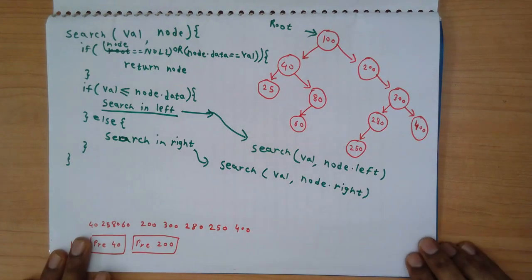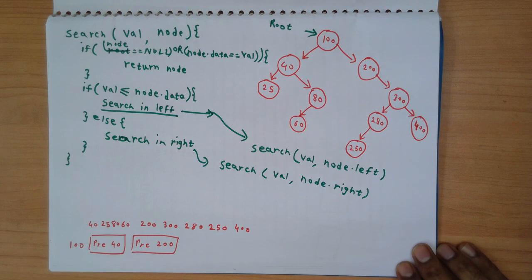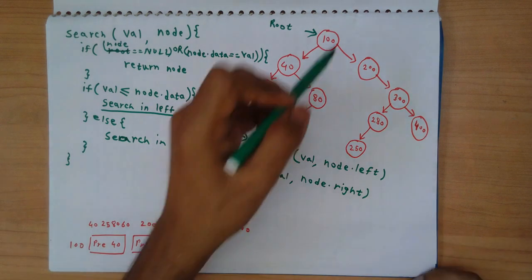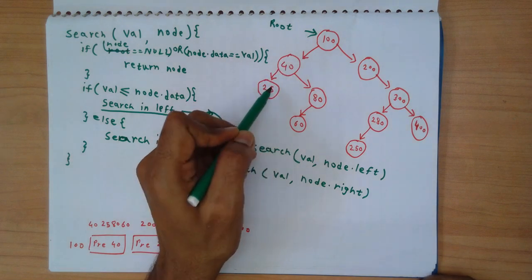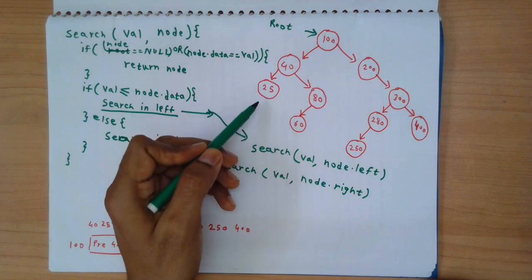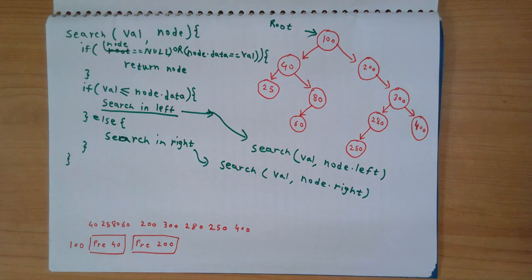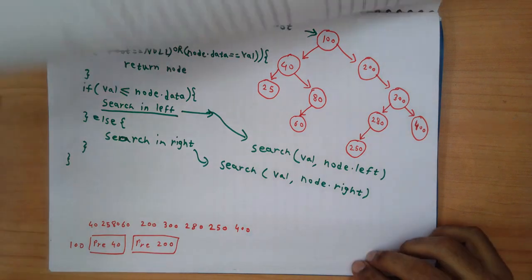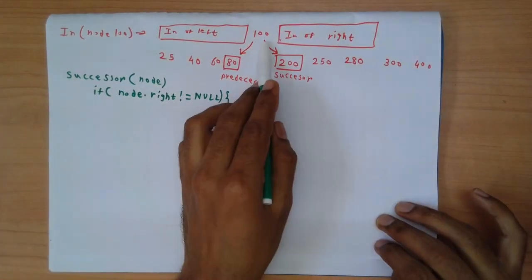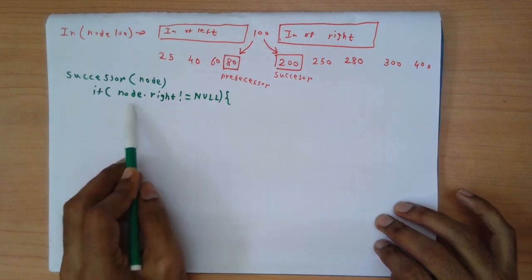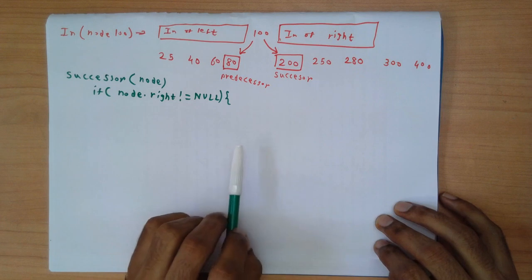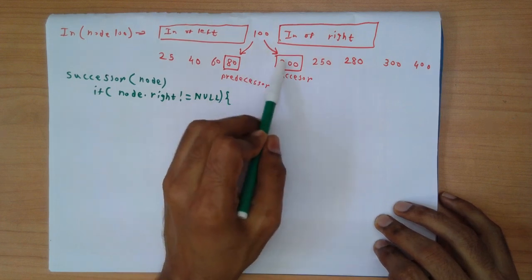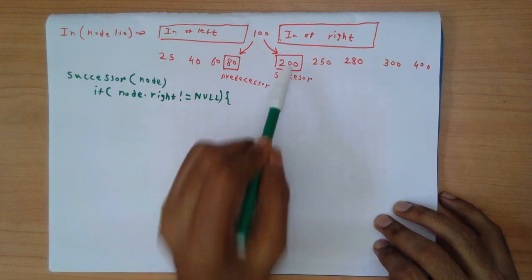In any binary search tree, how can I find the minimum value? The minimum value would be to the left of the root, and if that has a child, it will be to the left of that child, and so on. So the leftmost value is always the minimum value. When we want a successor for a particular node, we search in the right subtree, but it will be the minimum value in the right subtree because we want a value which is slightly higher, the immediate next value.